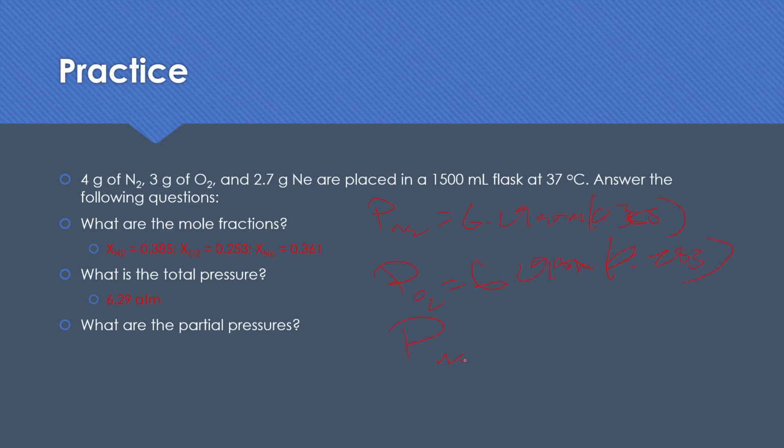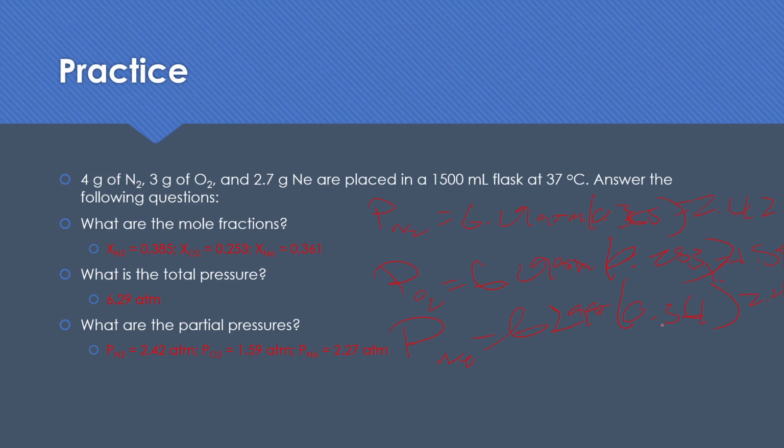And partial pressure of neon is going to be 6.29 atmospheres times 0.361. So you just multiply the mole fraction times the total pressure, and you get the partial pressure. So for N2, it's 2.42. For oxygen, it's 1.59. And for neon, it's 2.27.